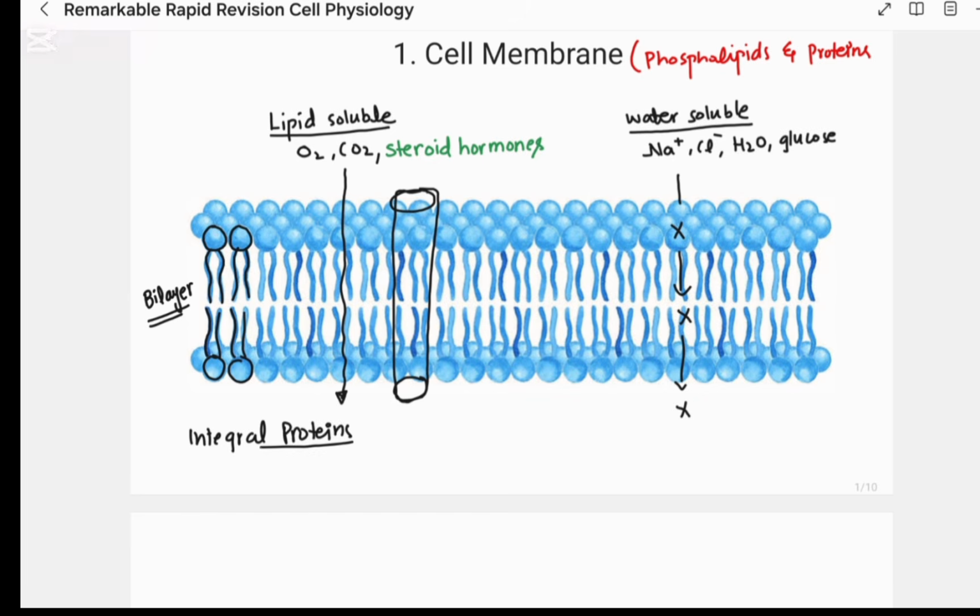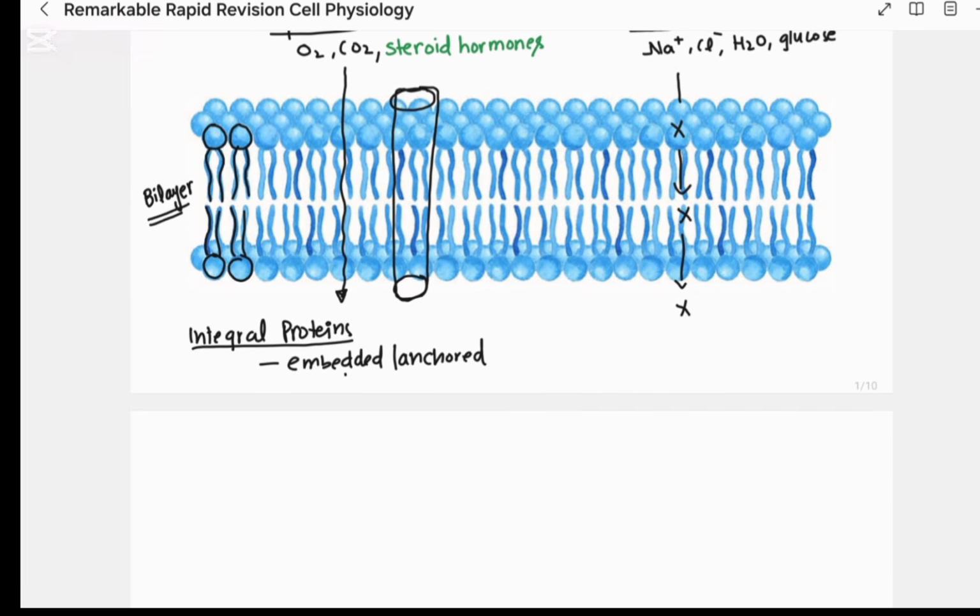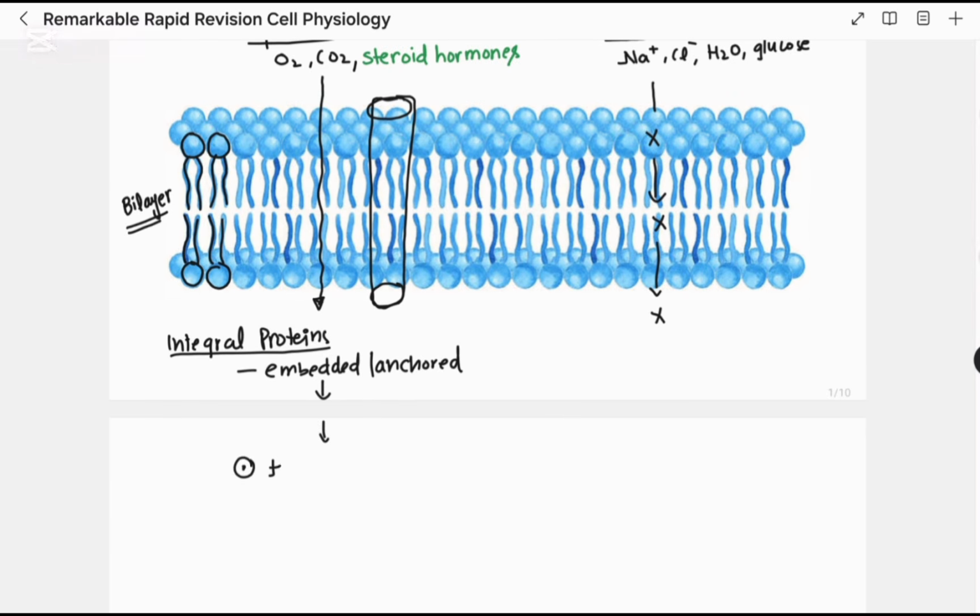Integral proteins are embedded or anchored to this membrane, and they are anchored via hydrophobic interactions. So these are the transmembrane proteins, like they cover almost the entire length of this membrane, and they usually work as the ion channels and specific transporters.